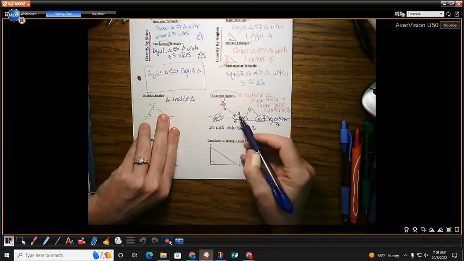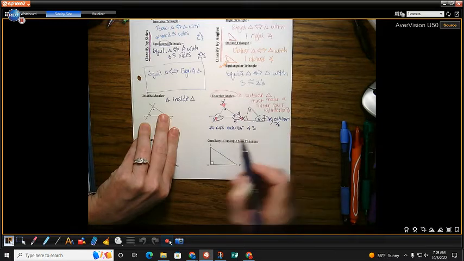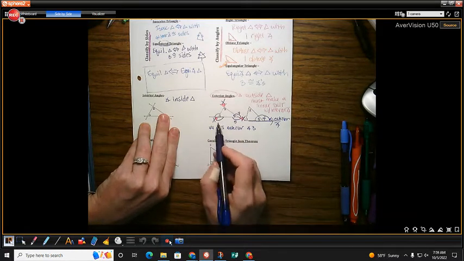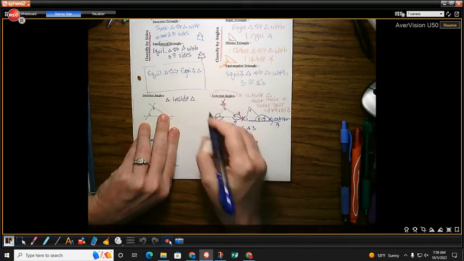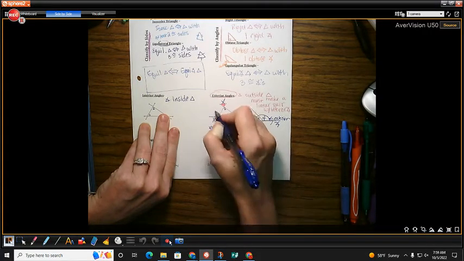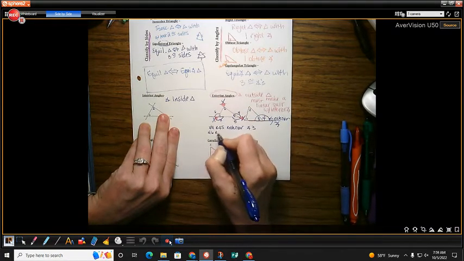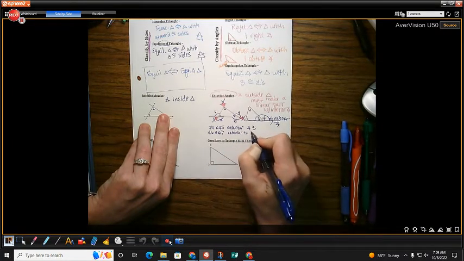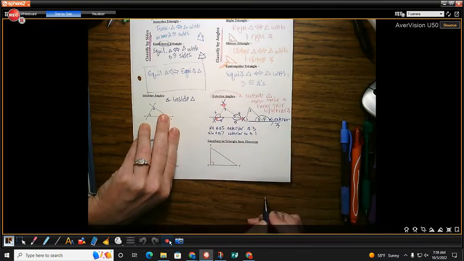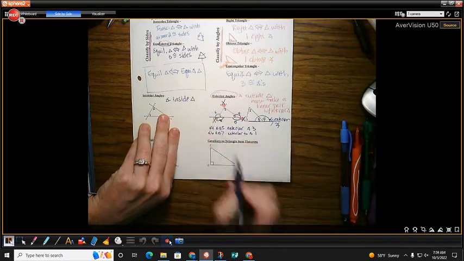And notice that the exteriors are vertical to each other. So each interior angle has 2 partners that are considered exterior. So what should we call these ones? 6 and 7? So angle 6 and angle 7 are exterior to angle 1. Because here's angle 1, here's angle 6 and angle 7.